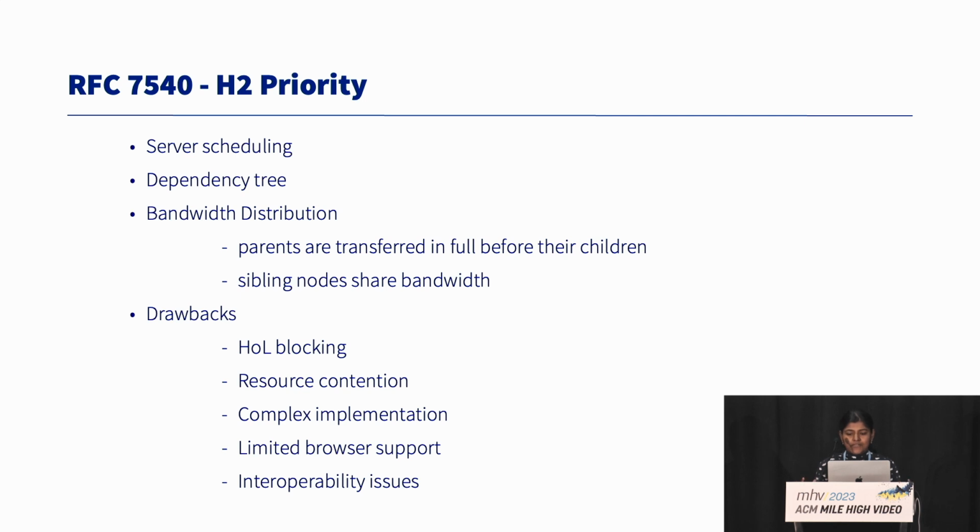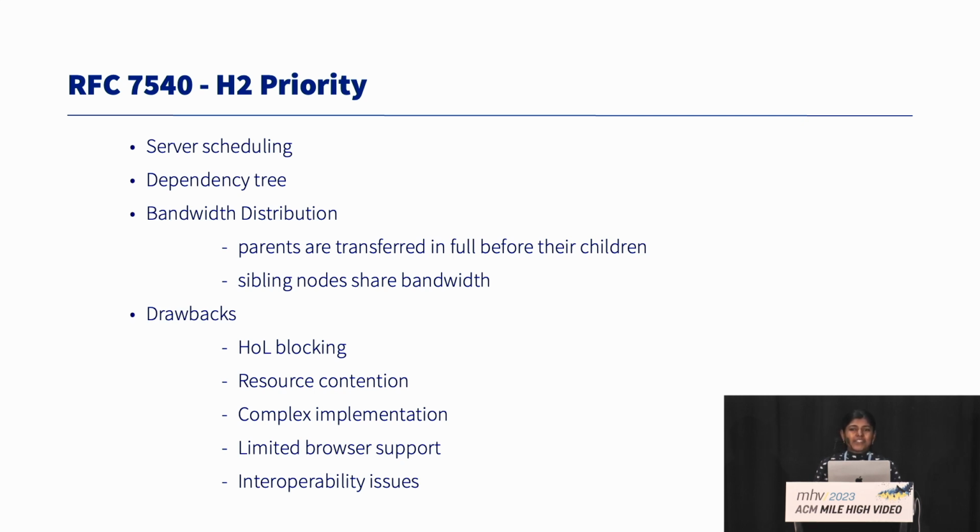But this led to several drawbacks, the first being head-of-line blocking. So while using a prioritization scheme, if a higher priority stream is blocked, the other data is also blocked, and hence this led to head-of-line blocking. And when resources are being reserved for the prioritized segment, if there are several clients competing for the same resources, it results in resource contention.